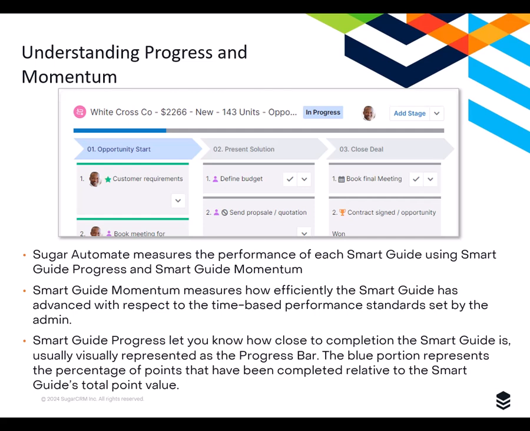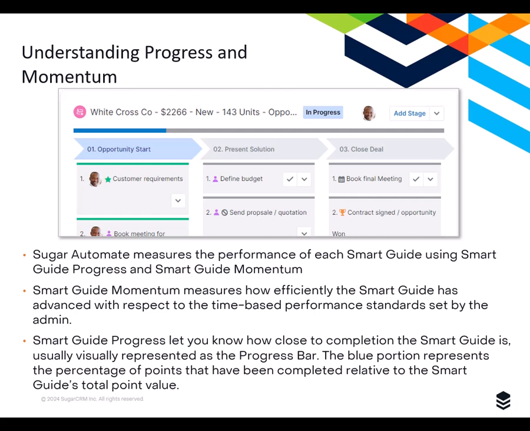And then this is the third bullet, and the picture at the top is the same. So when your user is looking at this, they will actually see a progress bar. The smart guide progress lets you know how close to completion you are. That means how many steps you've actually done, checked off, and completed, and it will mark those as completed.